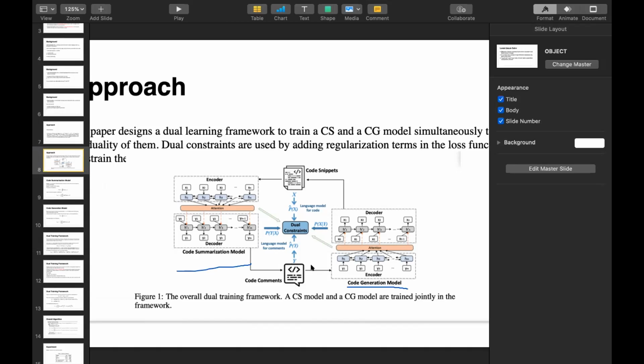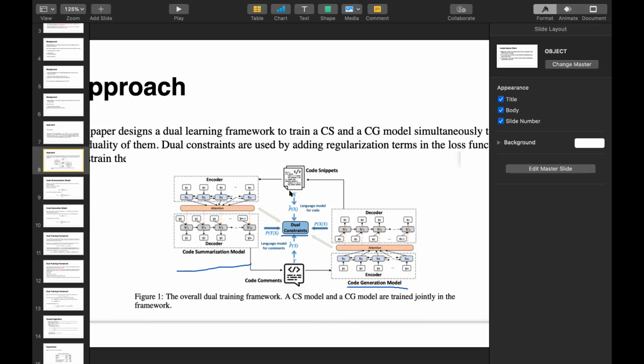To apply dual training, they also incorporate penalty terms on the loss function, known as the dual constraints. Later we will go into details about how they incorporate those penalty terms.